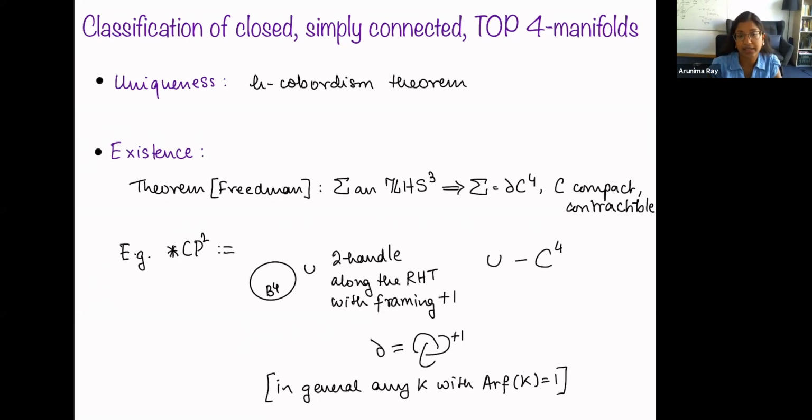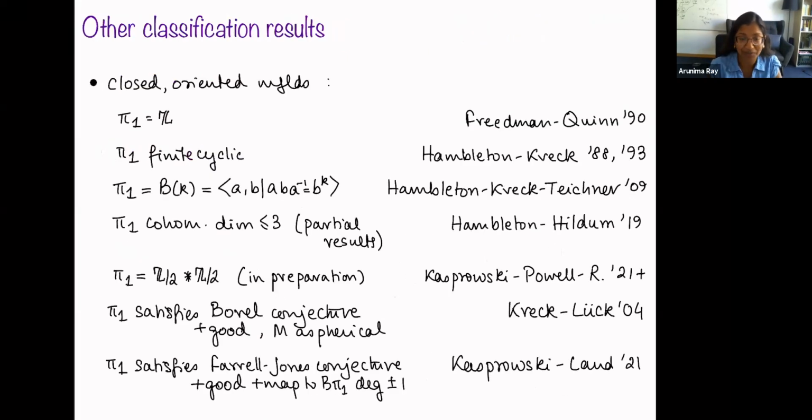So what has happened since then? There are several other classification results. I'm not going to go through this whole list, but in the case of closed oriented manifolds, here are several people that show up here.